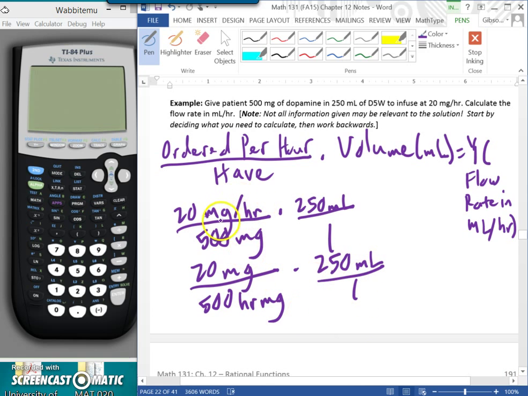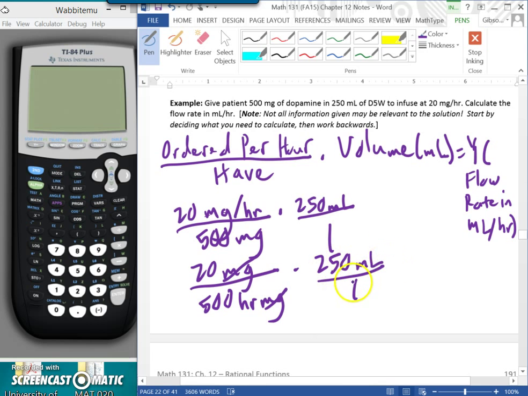Now let me explain this. As far as these units, this is basically a fraction over a fraction. Whenever you have a fraction over a fraction, you would take the denominator of both and multiply them. So hours and milligrams will multiply by each other. This will show you that milligrams and milligrams simplify out.